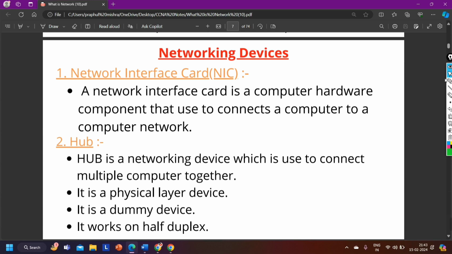Okay, so let's start from NIC, network interface card. What is NIC, guys? Anyone have the answer? If anyone is not able to digest, please let me know. No problem if I continue networking devices from tomorrow as well, because the first five days are only for the basic module and it totally depends on you how you are going to take the class.